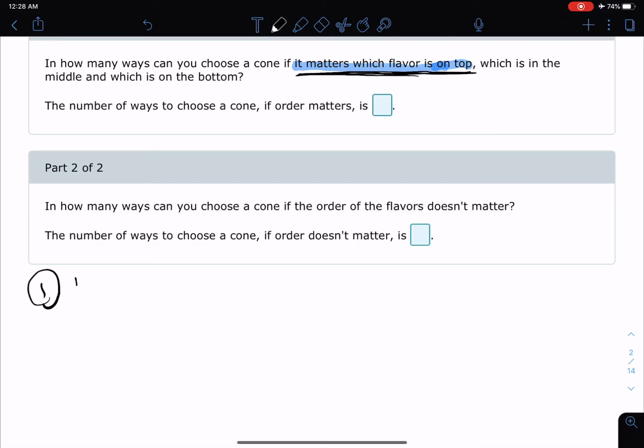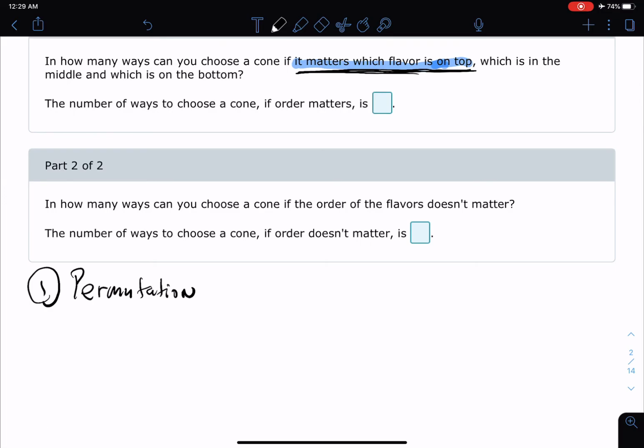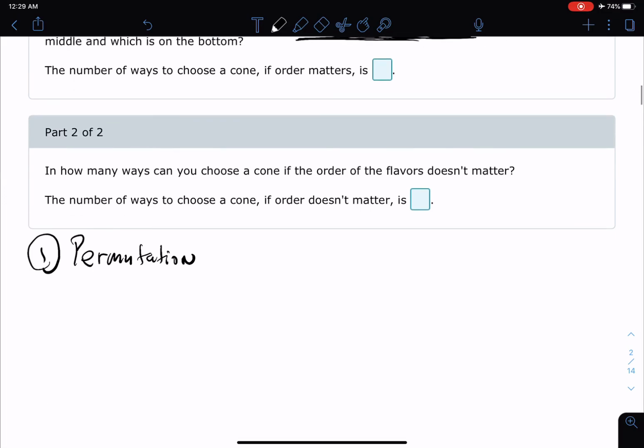This first one is going to be a permutation. What is a permutation? Well, let's use our formula, then I'll draw some pictures if I can. If this is a permutation, what we're looking for is 7 choices, and we want 3 scoops of ice cream, and the order is important for this picky kid.